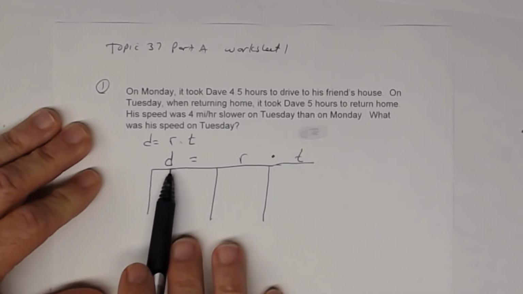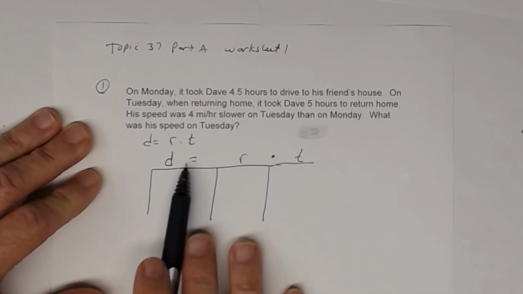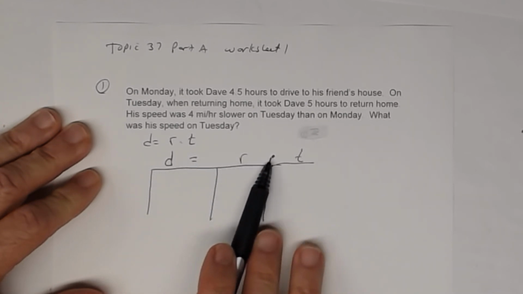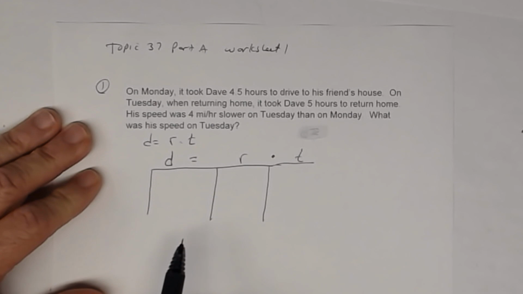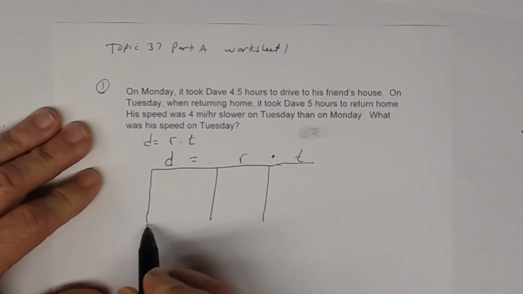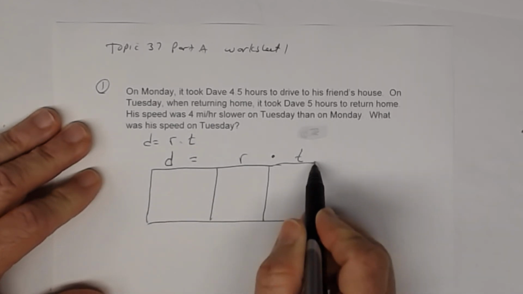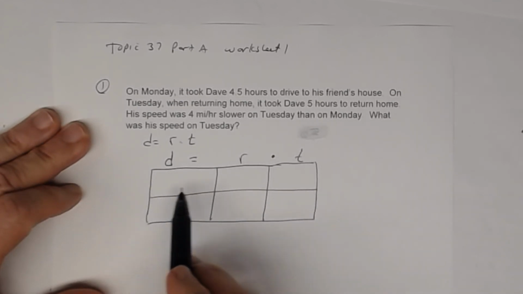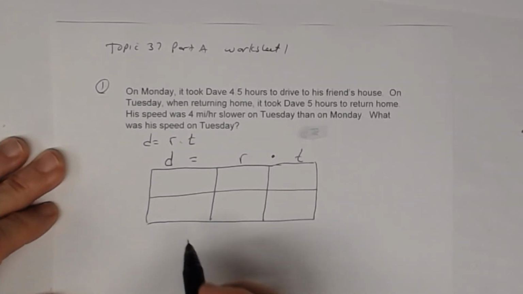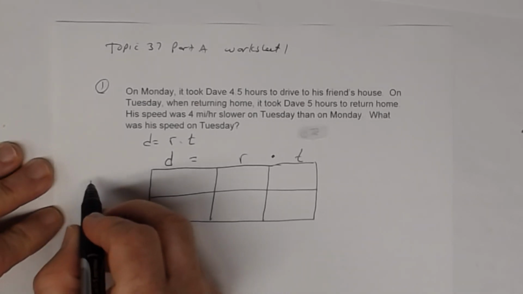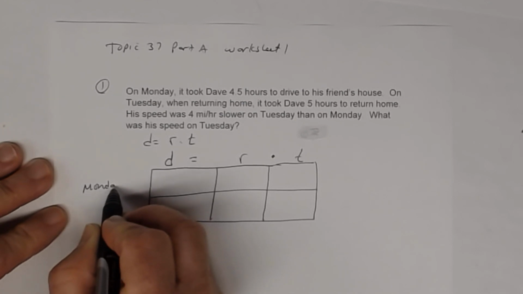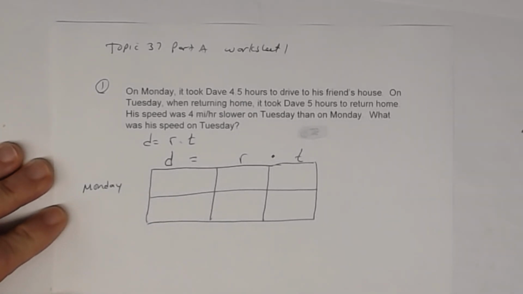Notice how I'm writing the formula out above the table. Distance equals rate times time. And notice there are two iterations of this formula that will be used. So in this case, I'm going to use two rows. There is a situation where he is going to his friend's house on Monday.